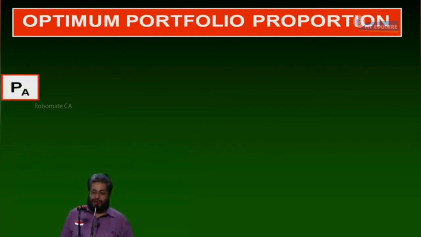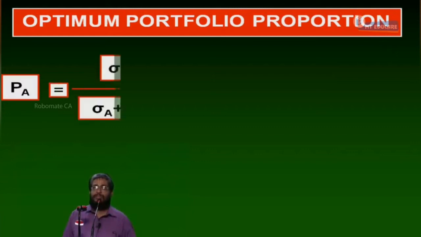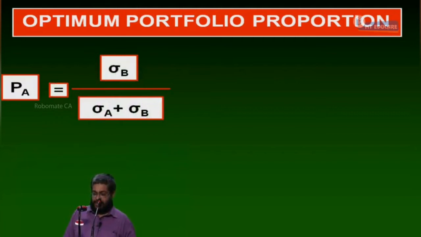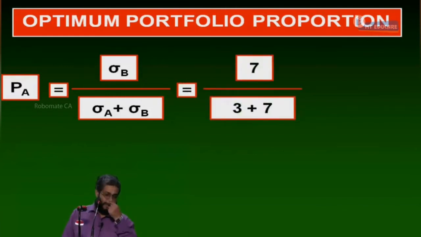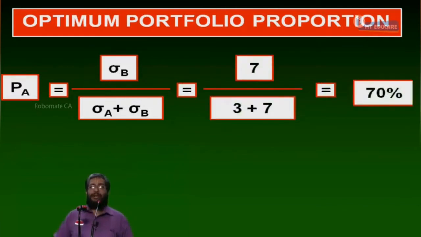Proportion of A is equal to sigma B by sigma A plus sigma B, which is equal to 7 divided by 3 plus 7, 0.7 or 70%.